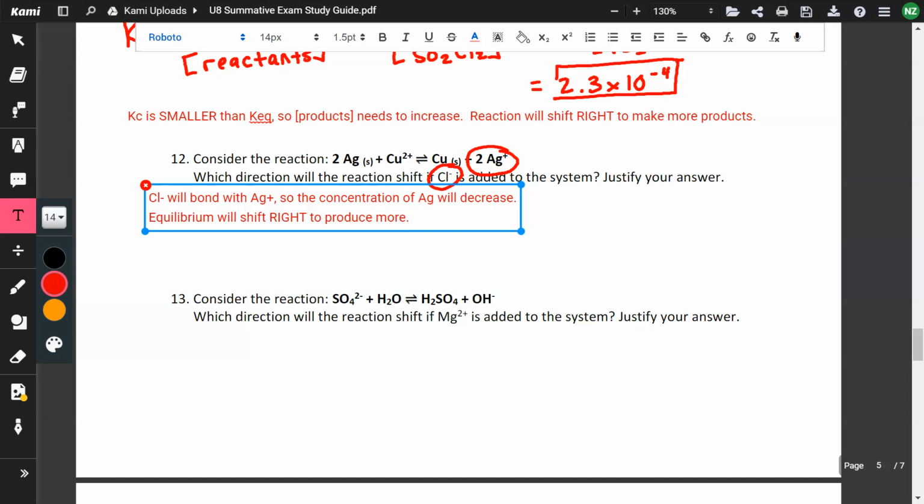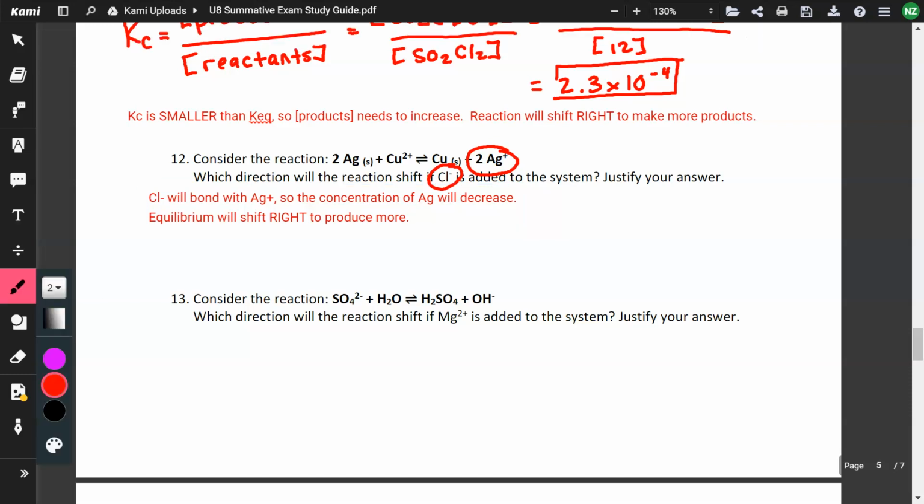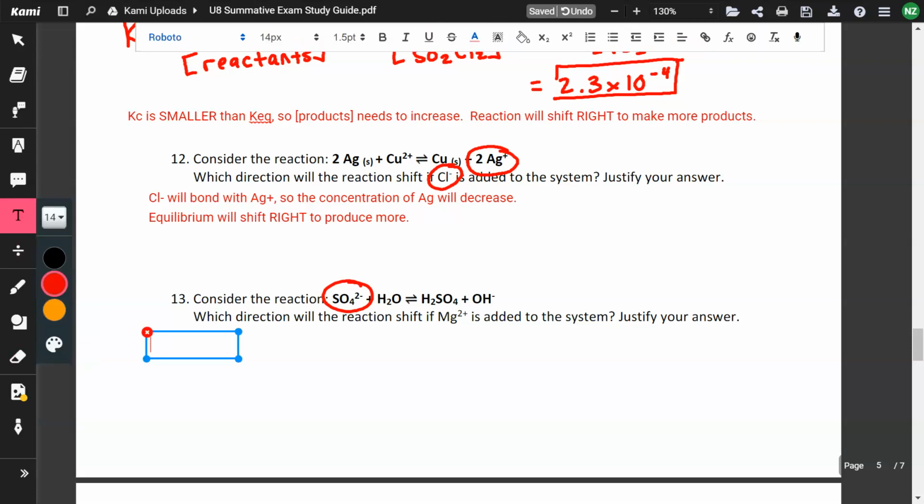It says, consider the reaction. Which direction will the reaction shift if magnesium +2 is added to the system? Well, magnesium's going to bond with our sulfate, SO4 2 minus. So Mg will bond with SO4 to decrease the concentration of SO4.